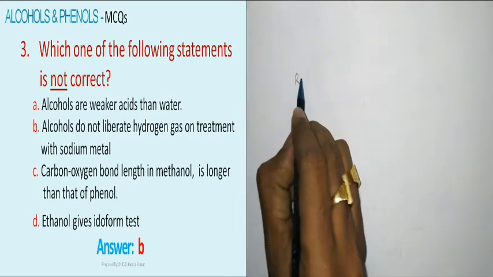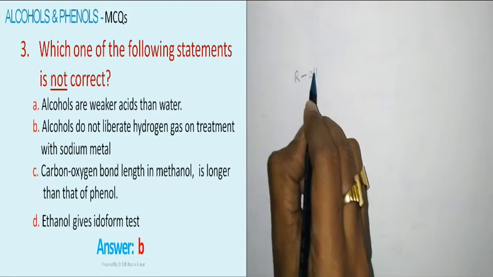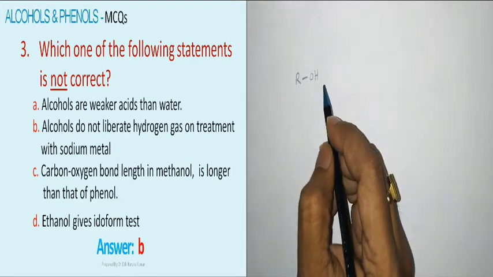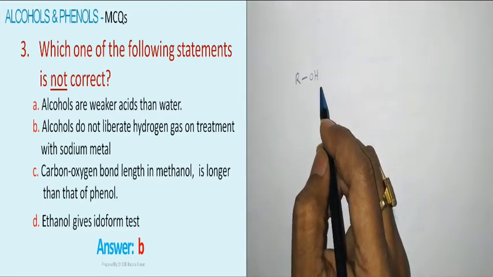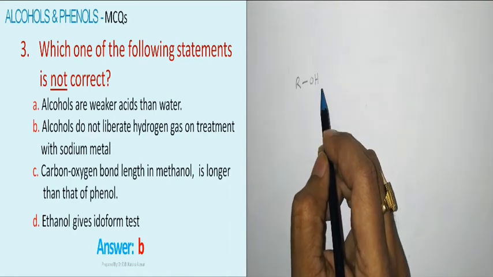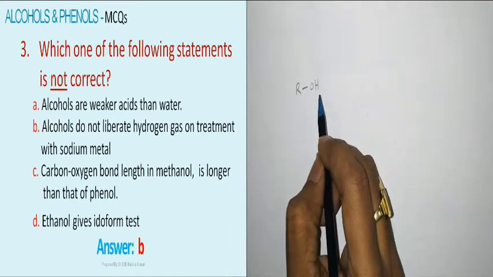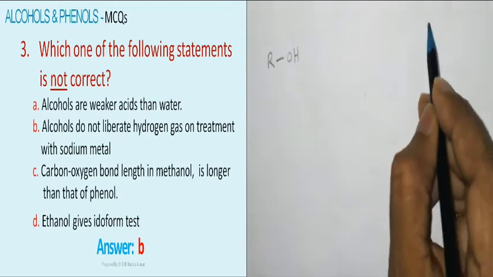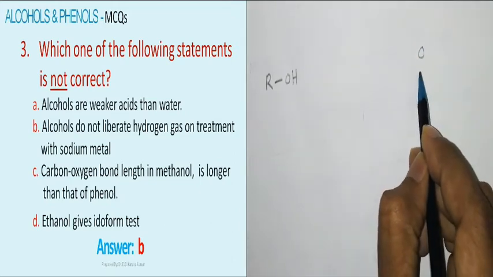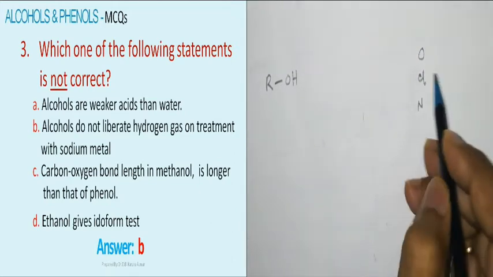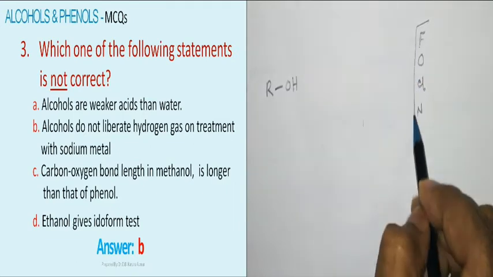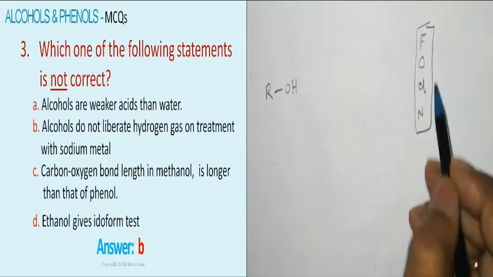Generally, alcohols, or for that matter any active hydrogen compound. What do you mean by active hydrogen compound? Active hydrogen compounds are compounds where a hydrogen atom is attached to a highly electronegative atom like oxygen, chlorine, nitrogen, fluorine, etc. All of them are active hydrogen compounds.